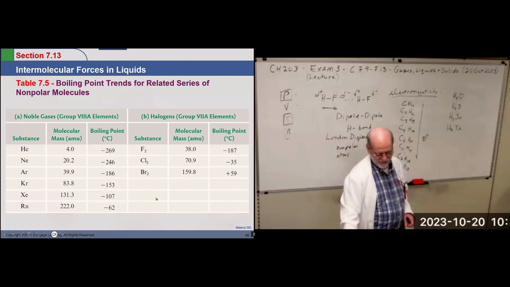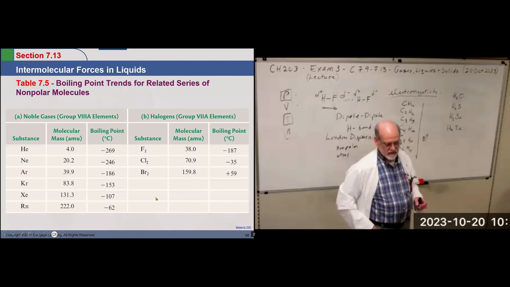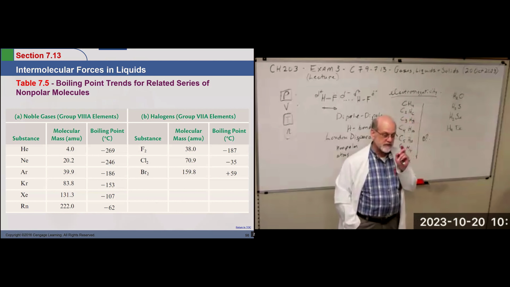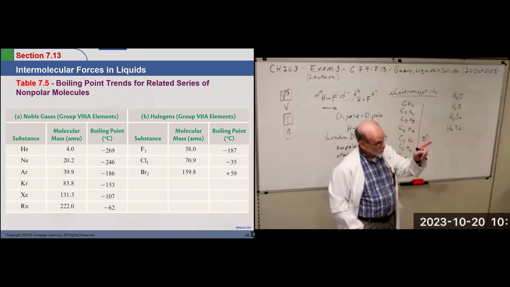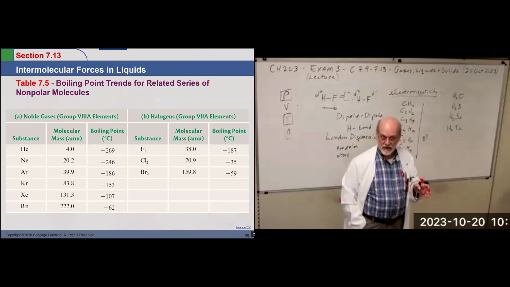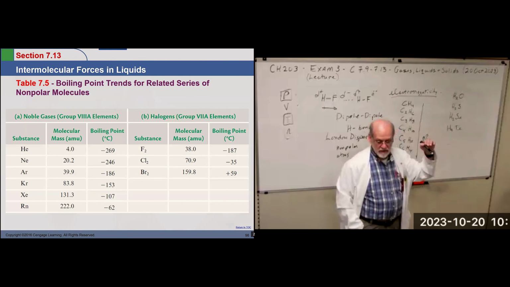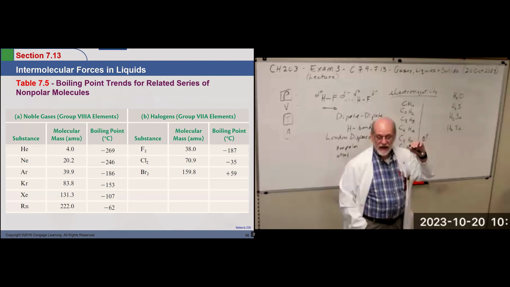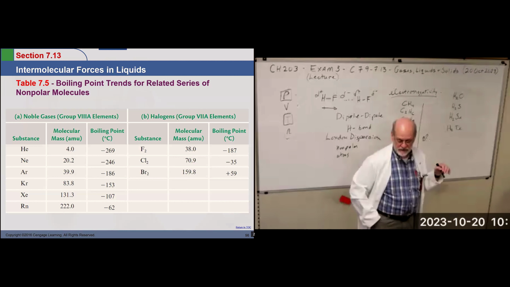All right. Now we can see the trend in the London dispersion forces in the noble gases. Right? They're all gases, but they have different boiling points. Right? You can condense them, but the bigger the atom, the higher the temperature at which they condense. So there's, let's see, yeah, helium minus 269.